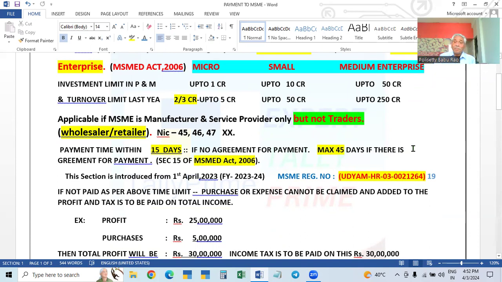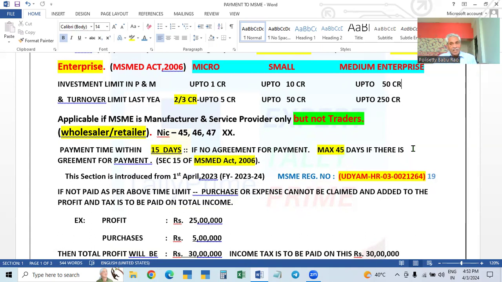If the due date has still not expired, even in the next financial year, if it is paid within the due date, there is a maximum. If we purchased on 31st March, then 45 days means April 30 days, May 15th. That will be the maximum period. So the actual due date is up to 15th May.